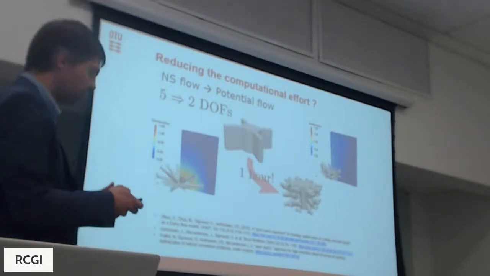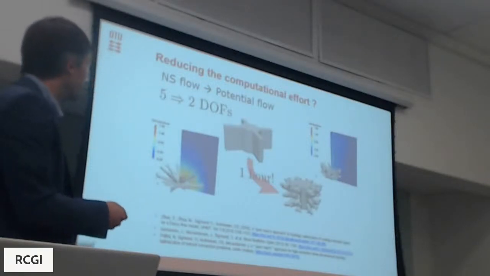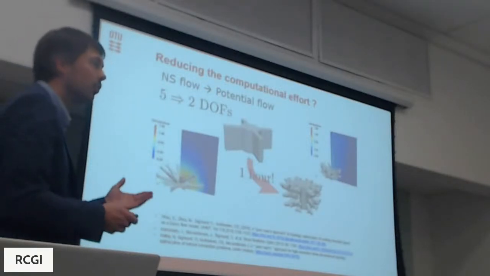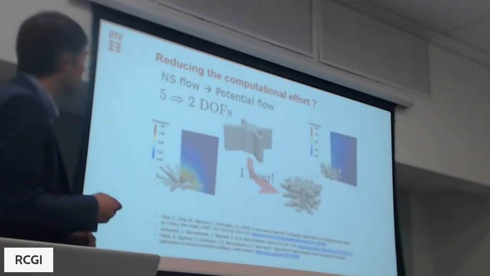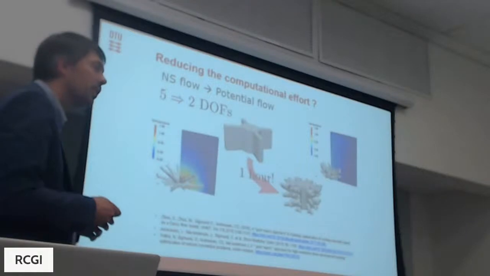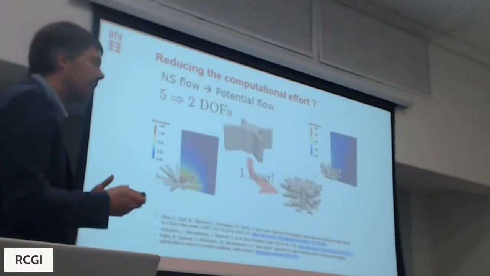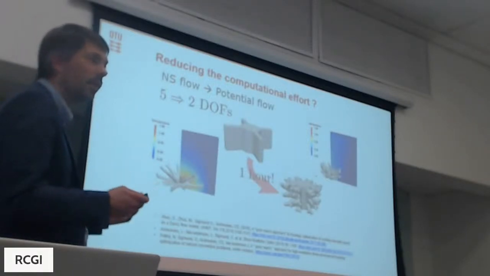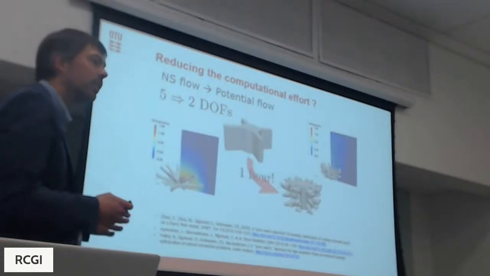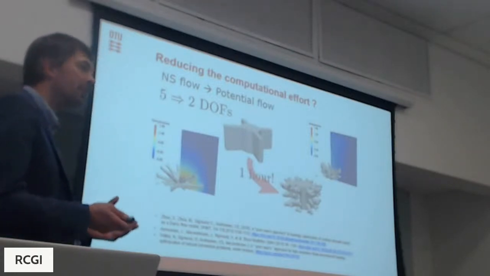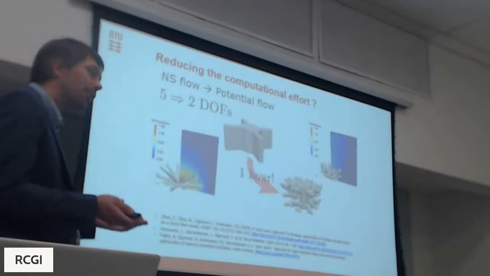So we have tried to bring down the simulation cost here from a whole day to 1 hour on a 3D case, simply by solving a potential flow instead of the full Navier-Stokes equations. That basically means it's a Darcy flow-like problem that you solve, and then you need to do some post-evaluation, but you have reasonably good performance of your designs.